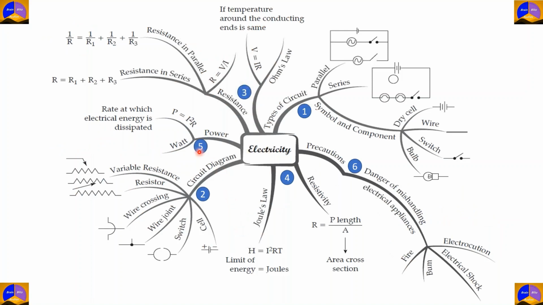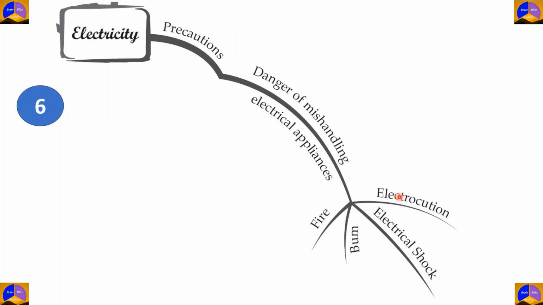Now, let's move on to the final part of this mind map: precautions for handling electrical appliances. Now, electricity is a very wonderful phenomenon. However, it can be dangerous to us humans too. The precautions are against the danger of mishandling electrical appliances.